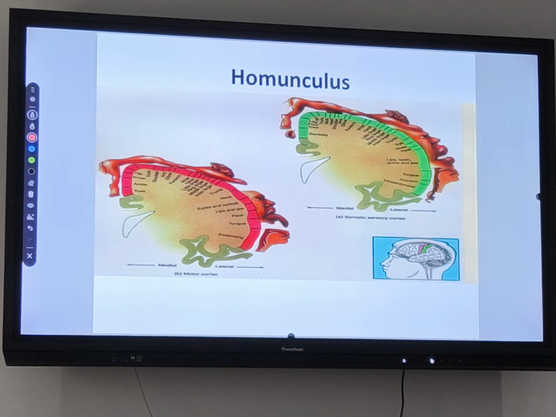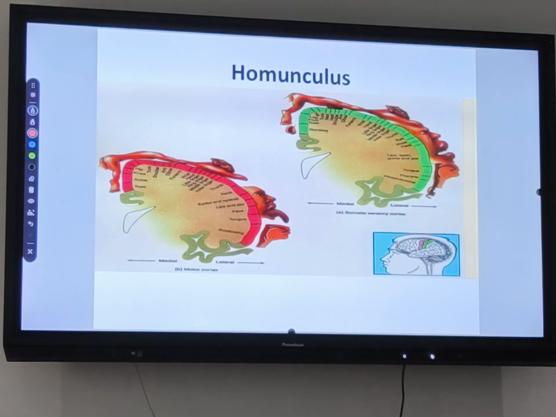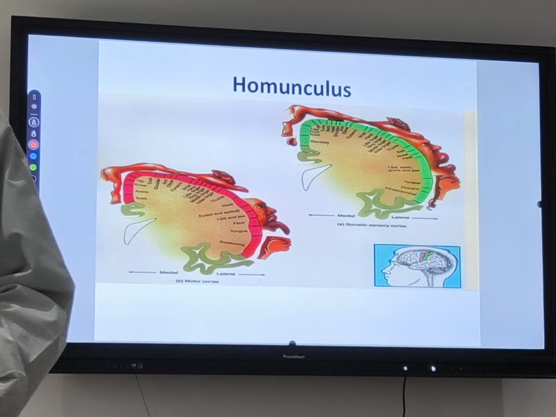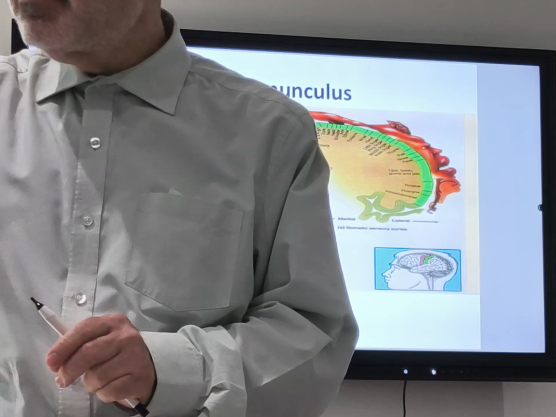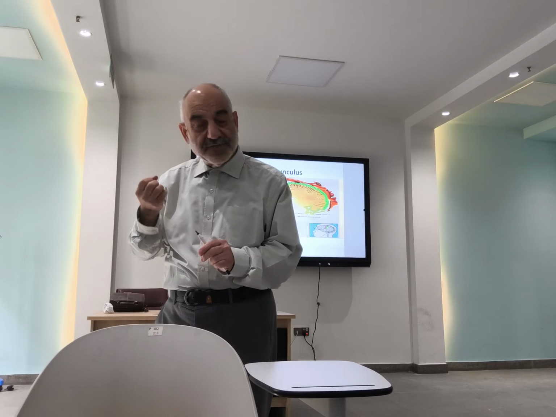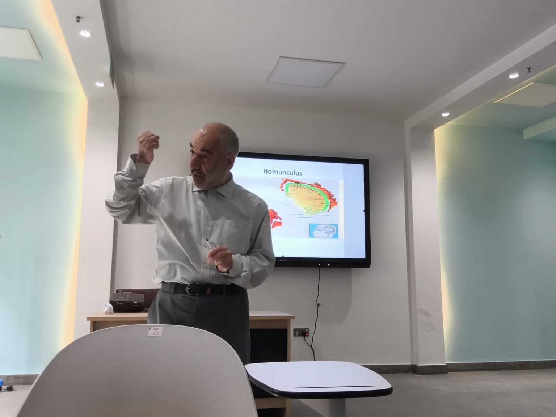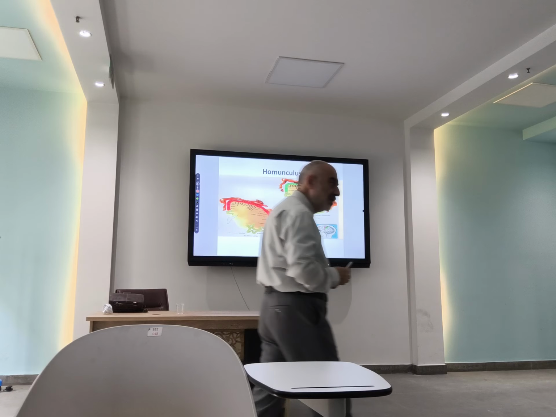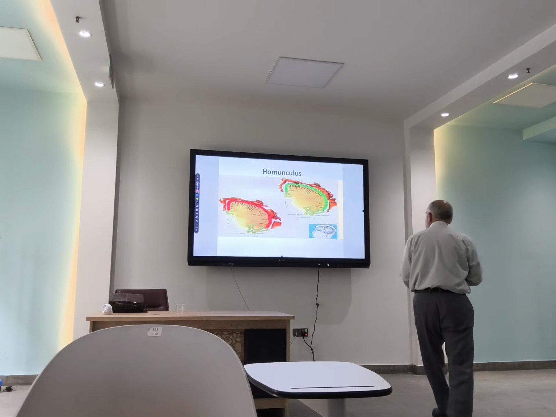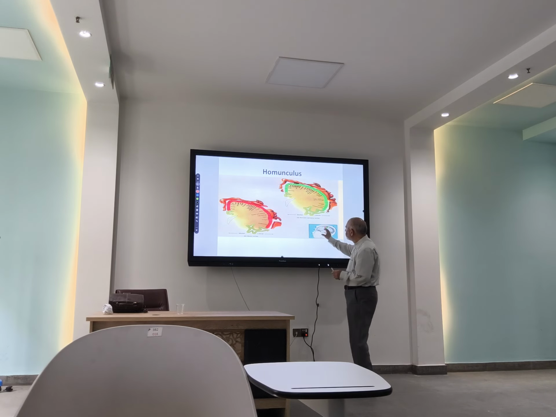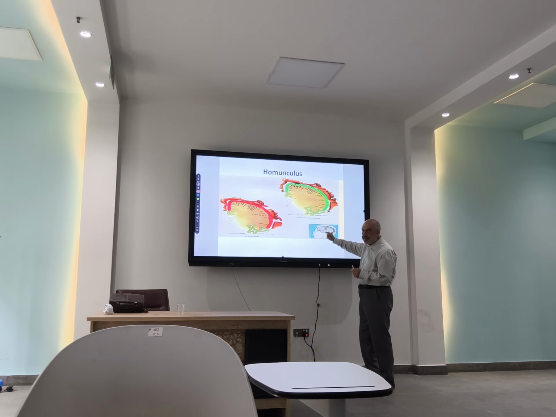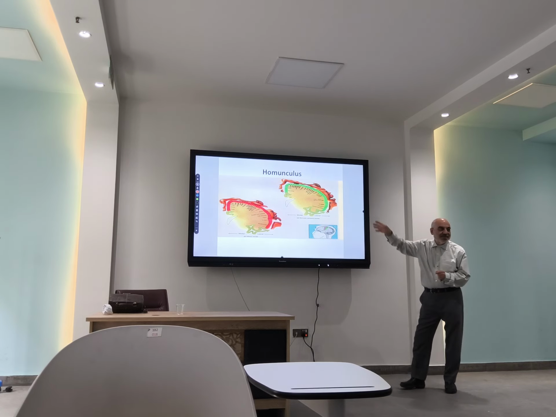Okay? So due to this, the hand and the face are very important from the point of view of the motor cortex, the cortical space. This is the motor homunculus, this is the sensory, as you see. Remember this all the time.